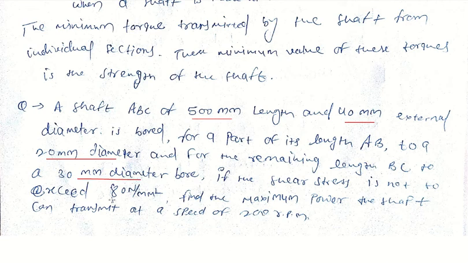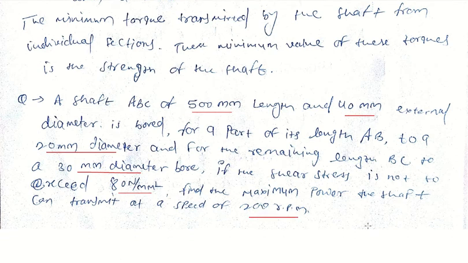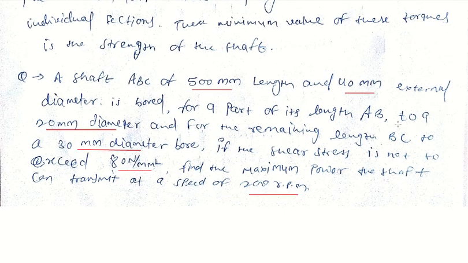If the shear stress is not to exceed 80 Newton per square millimeter, find the maximum power the shaft can transmit at a speed of 200 rpm. Here is the given data.